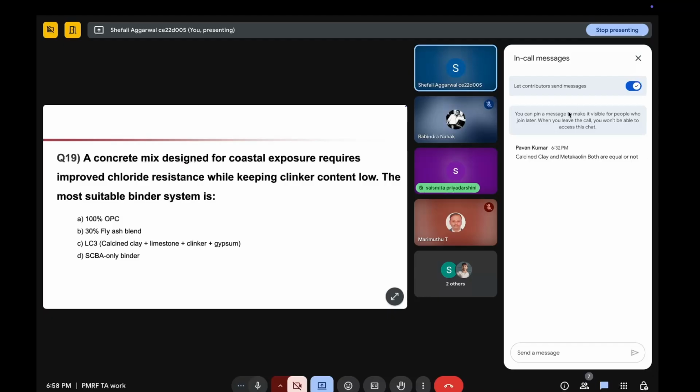C, LC3, correct. We have seen all the results for LC3. It is improving the chloride resistance by decreasing the pore structure and the permeability. All those durability properties are better in the LC3 system as compared to OPC and fly ash systems.